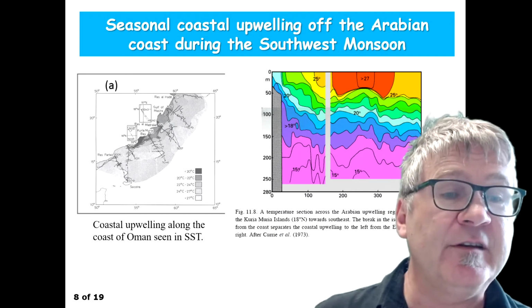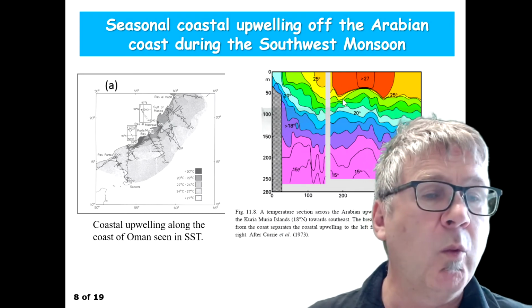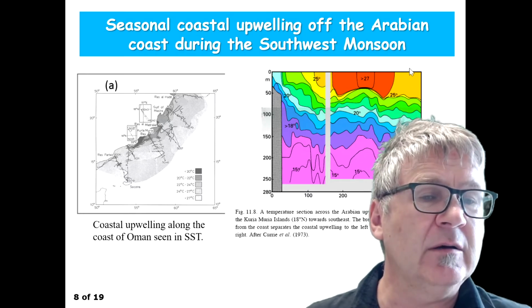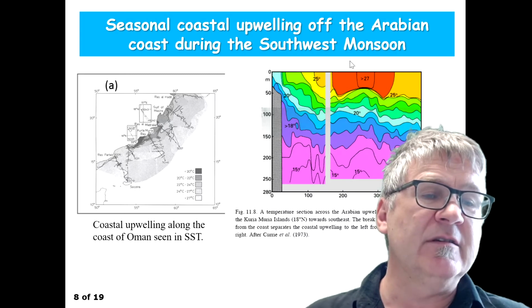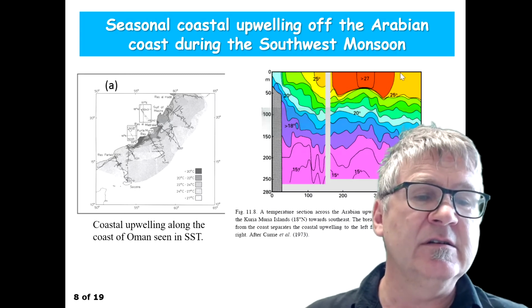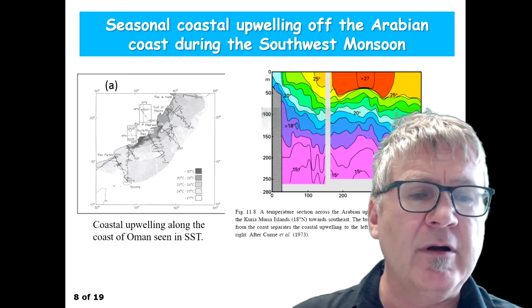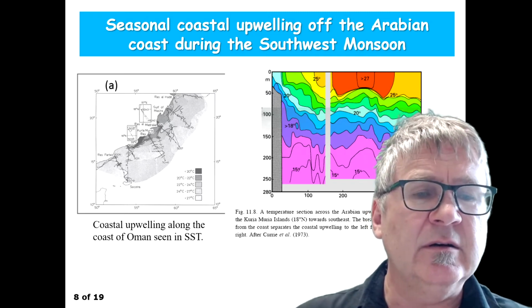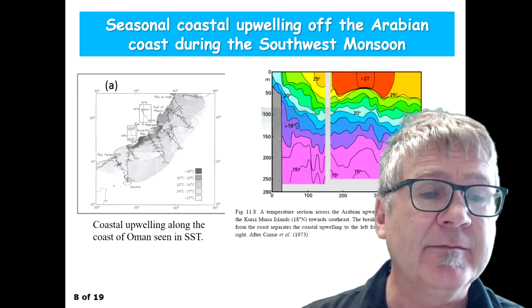You can also see one feature up here in the map, a warm water feature, a region which is 27 degrees Celsius. What is this area? Is this an error? No, it's not an error. This is what we call an eddy.